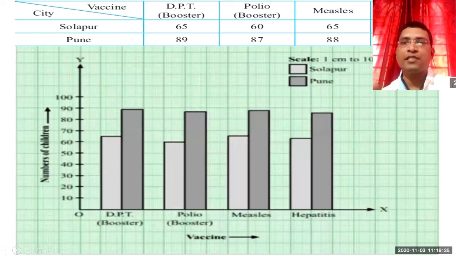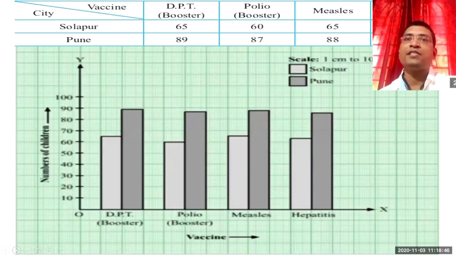In the same way, hepatitis vaccine is given to 63 children in Solapur and 86 children in Pune district. You will notice a large number of vaccines given in Pune district. In this way we can draw a joint bar graph.